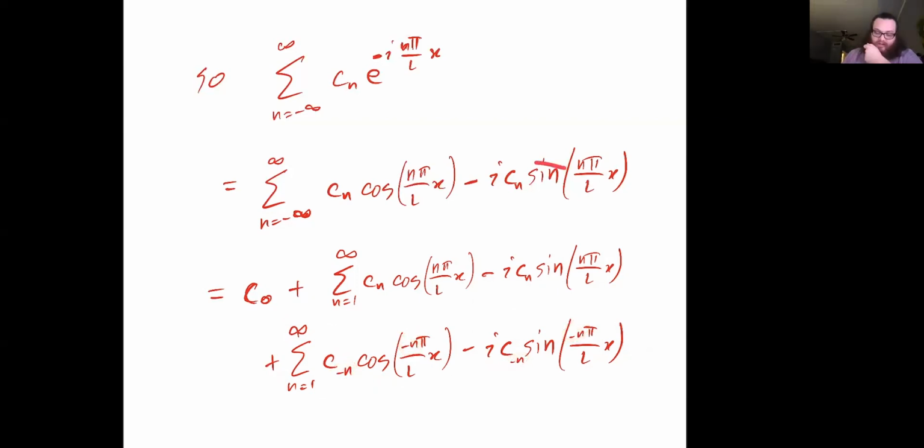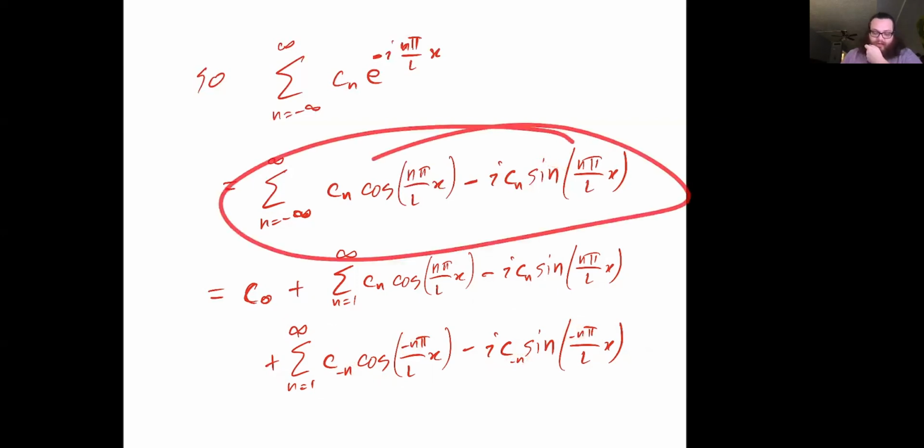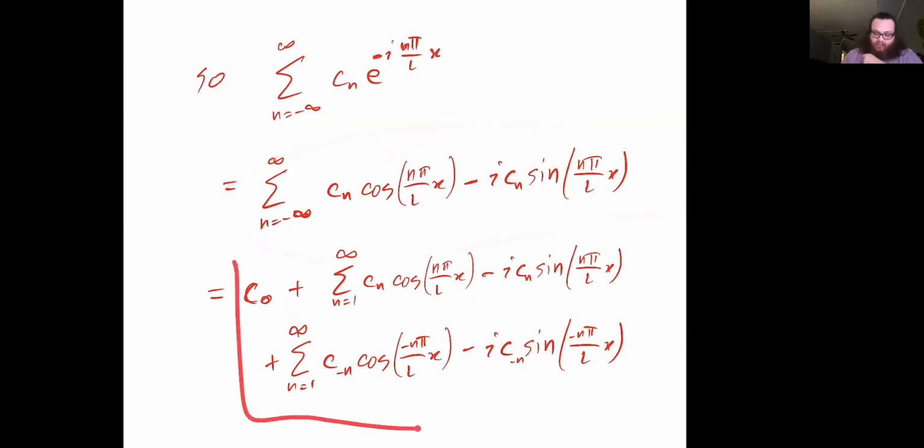What we have up here is exactly the same as what we have down here. It's just splitting up these pieces and being a little careful with the indexing for the negative terms.